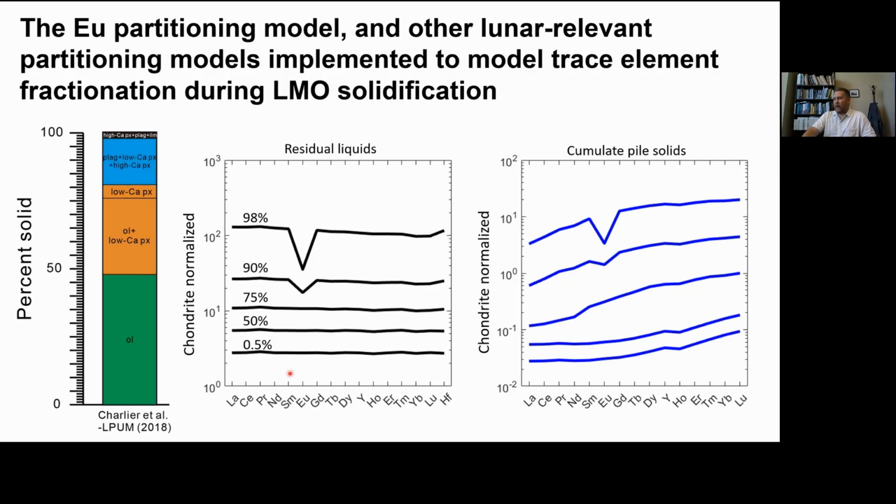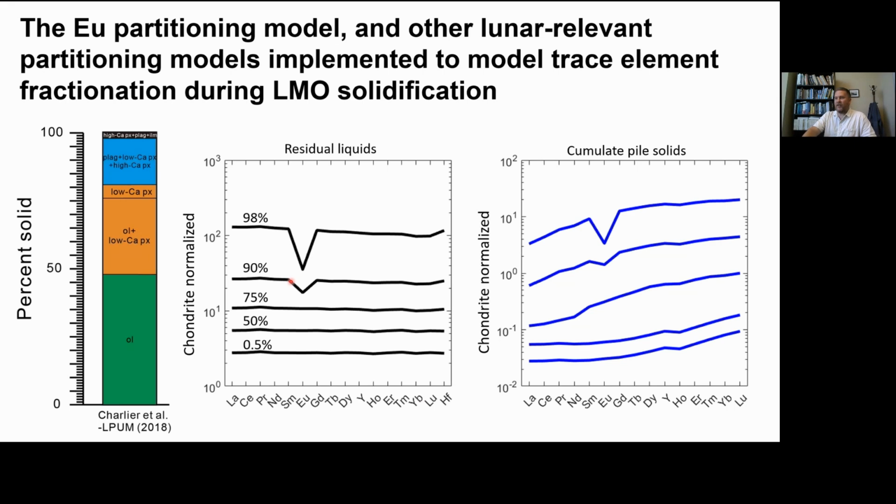So you can note a few things here. One is that initially the bulk moon has this chondritic rare earth element pattern. As solidification proceeds, you can just start to see the change in slope of that pattern. So you see that downward sloping trend in terms of the rare earth elements, and that's because the light rare earths are more incompatible in the solids that are precipitating from the residual liquid. So they accumulate in the residual liquid.